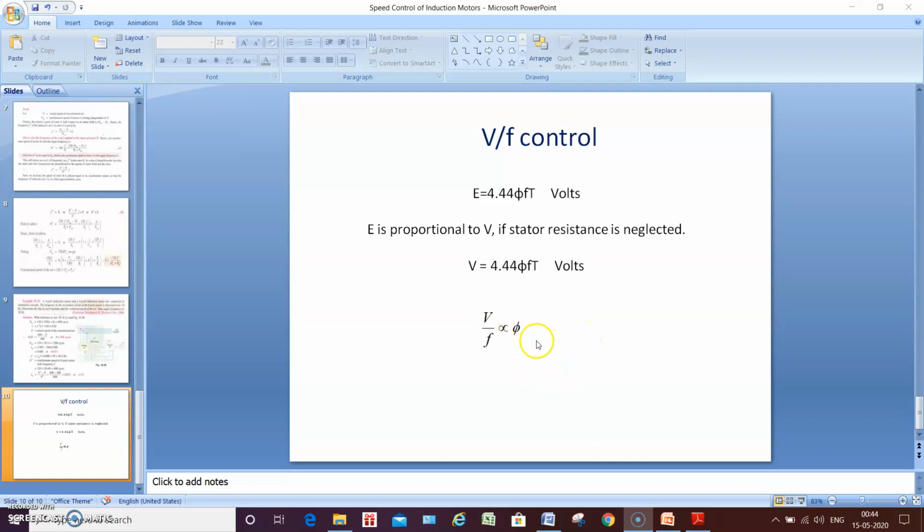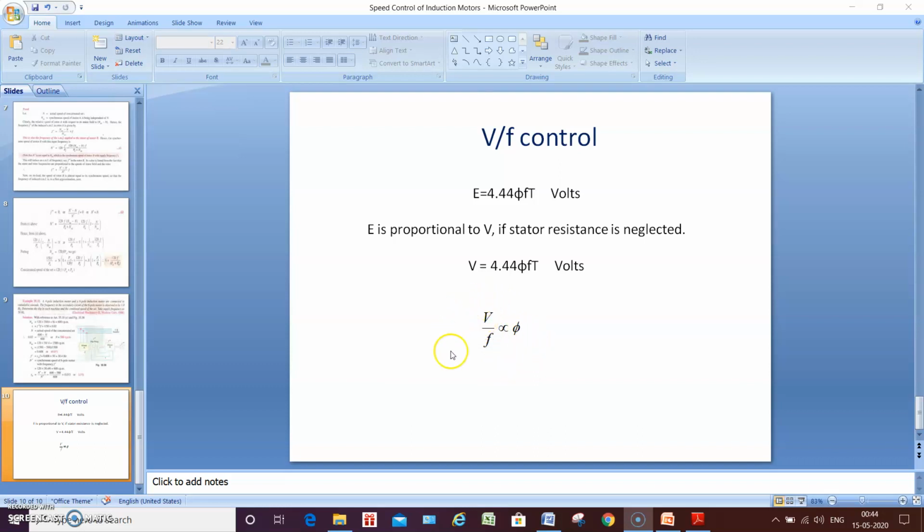But the parameters voltage and frequency can be easily measured, and you can implement closed loop control on this voltage and frequency. So what we are going to do is keep the V by F ratio constant. If this ratio is kept constant, what is the meaning? The flux is also kept at a constant value.